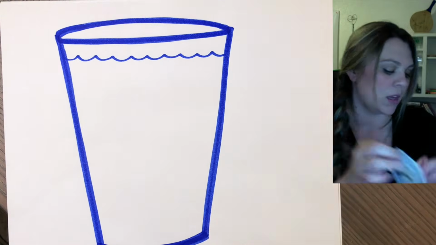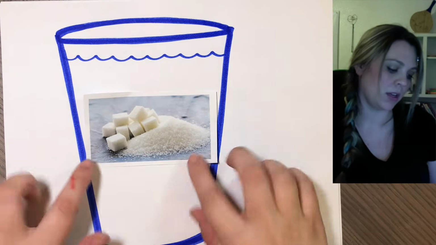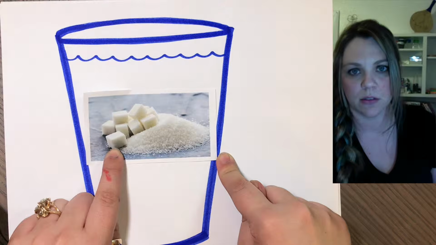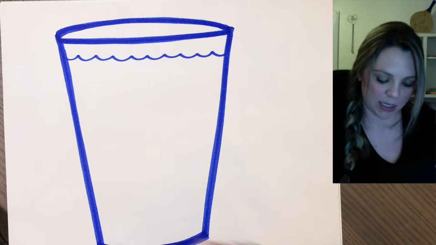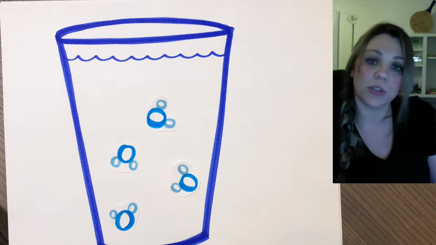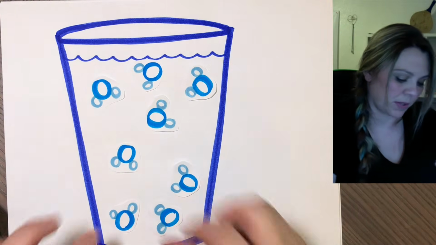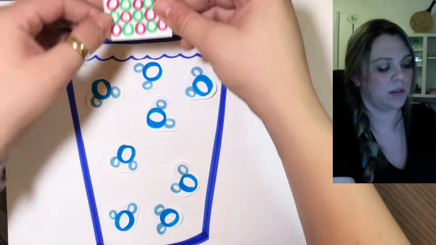So if I wanted to dissolve salt into water, and I had a cube of salt versus crushed up salt, the crushed up salt is going to dissolve a lot faster. And here's why: the crushed up salt has more surface area. My beautiful pictures, so use your imagination.